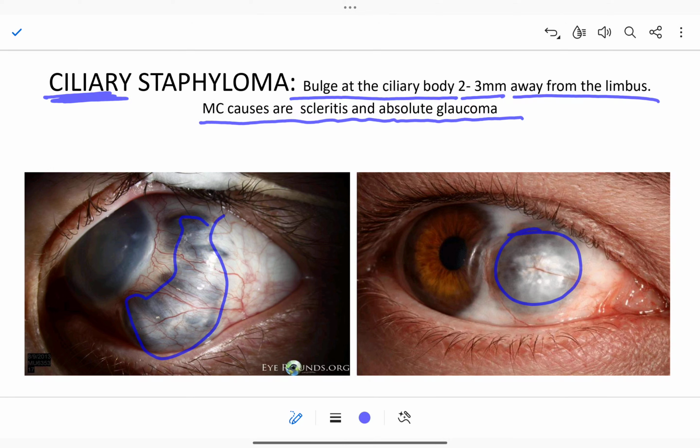It appears dark. It is an ectatic area due to uveal tissue protrusion through thin sclera, often bluish gray.